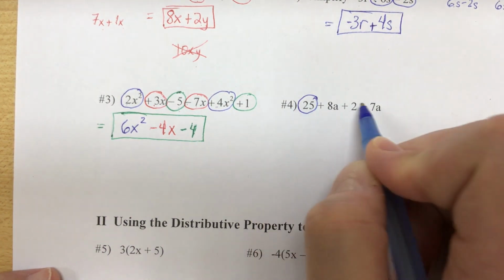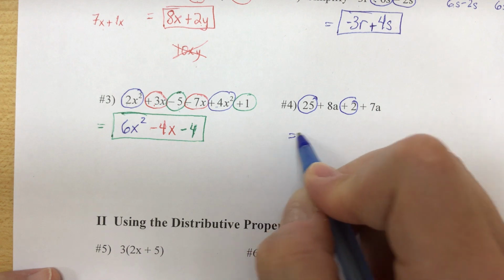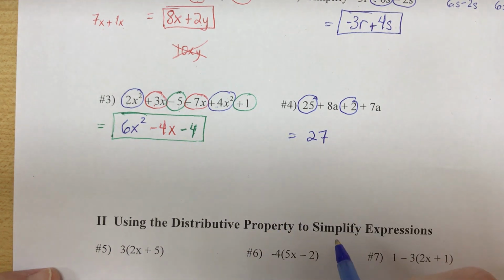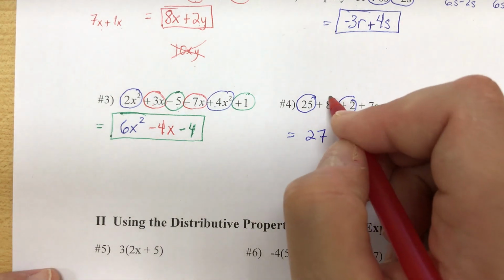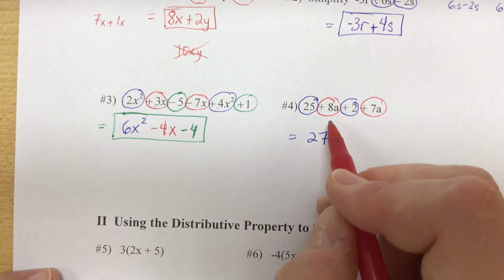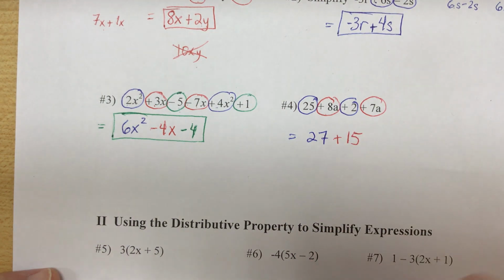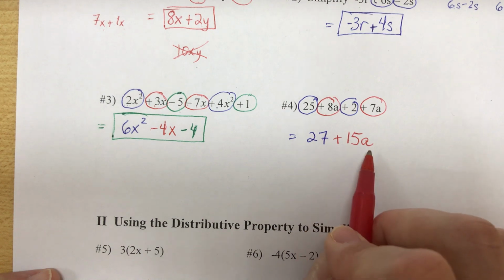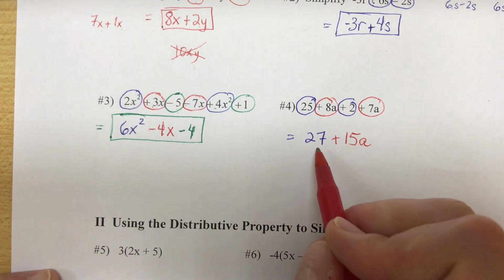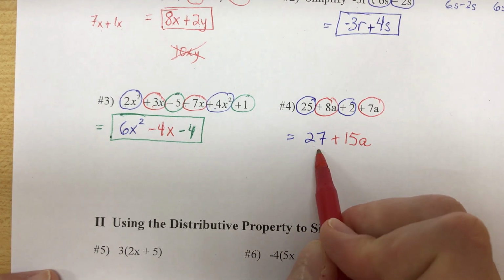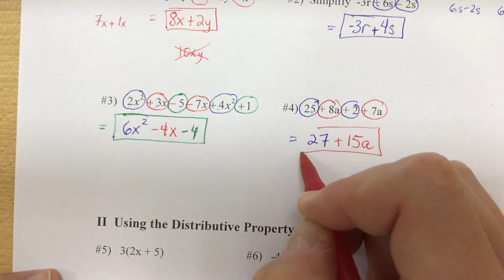We have a constant 25 plus 2, and we get 27. And then we have 8a, positive 8a plus 7a. 8 plus 7, we add the coefficients, and we keep the variable. So it's not 15, it's 15a. And are these like terms? No, so that means we're done.